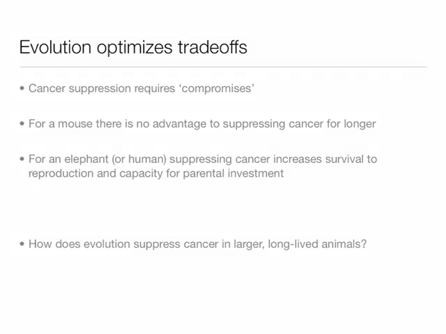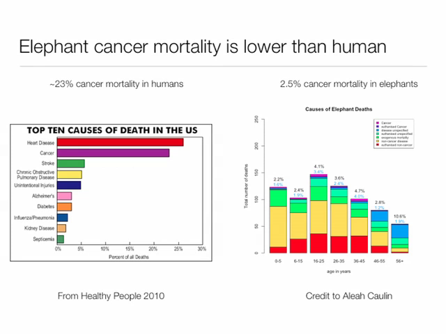And again, it's clear that cancer mortality in humans is probably higher than in much larger animals like elephants. There may be a lot of other reasons for this, but it's certainly not the case that being larger makes you have more cancer. So Carlo has been working on this question and has found that elephants actually have more tumor suppressor genes.